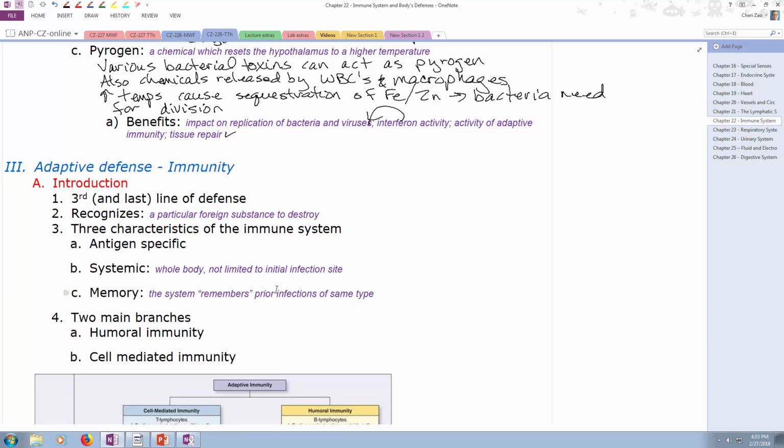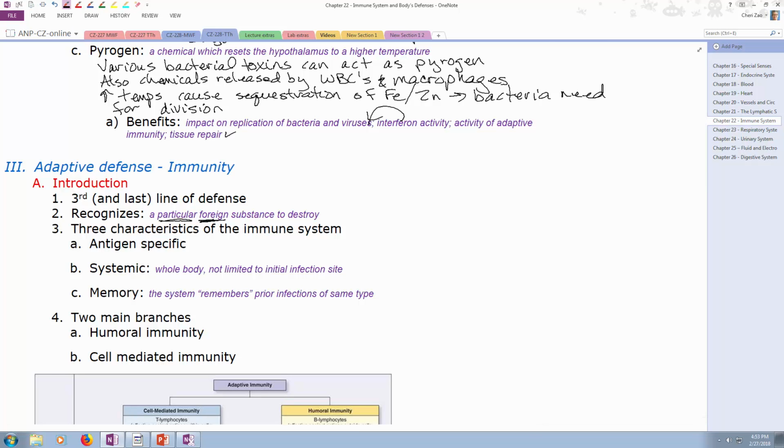And now the third and last line of defense is the immune system, or our lymphocytes, that we're going to take a look at in more detail. The immune system is adaptive because it needs to recognize a foreign substance as being foreign. So it's very particular to the foreign material.